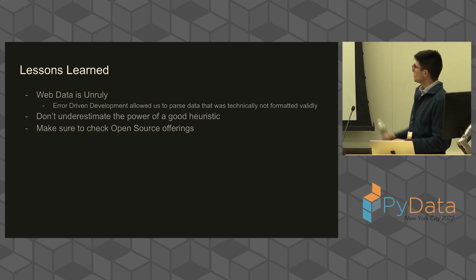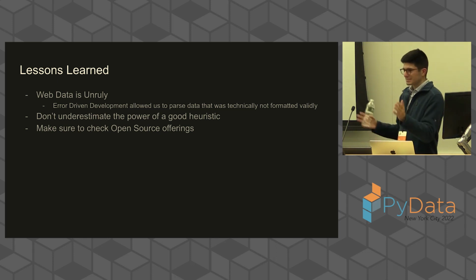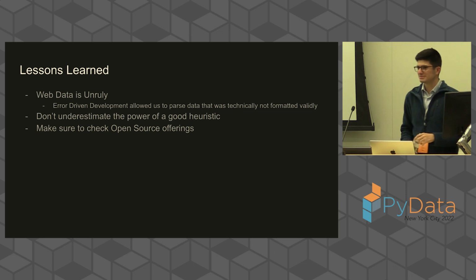And make sure to check open source offerings. Hopefully one thing you took away from this talk is that there are lots of great open source projects out there. People have put fantastic things on GitHub, and you can use them in your pipelines to read news articles. And that's the end of my talk.